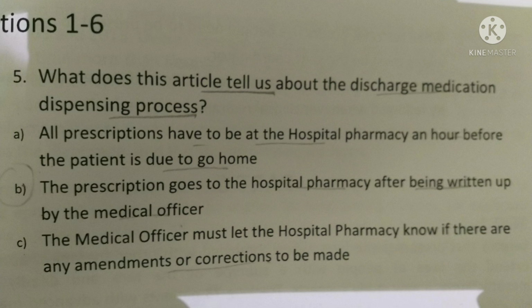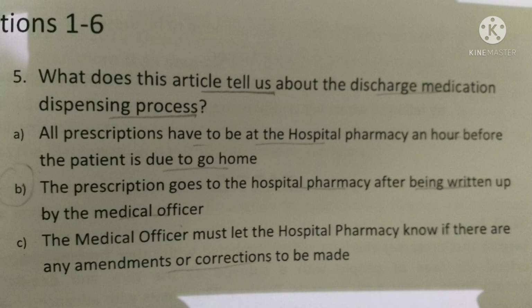Option B: the prescription goes to the hospital pharmacy after being written up by the medical officer. Option C: the medical officer must let the hospital pharmacy know if there are any amendments or corrections to be made. So without reading the text, can you guess which will be the answer?